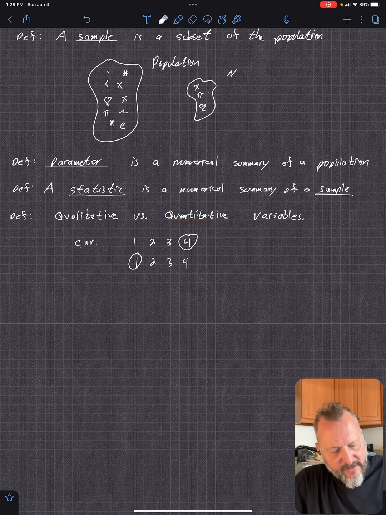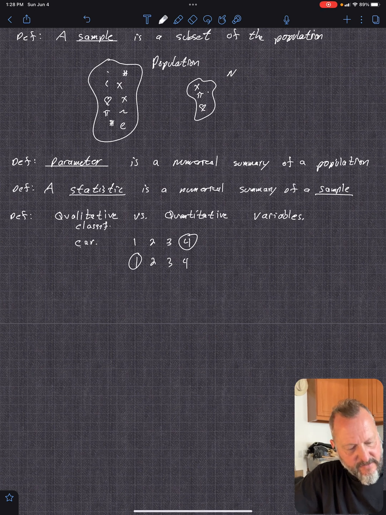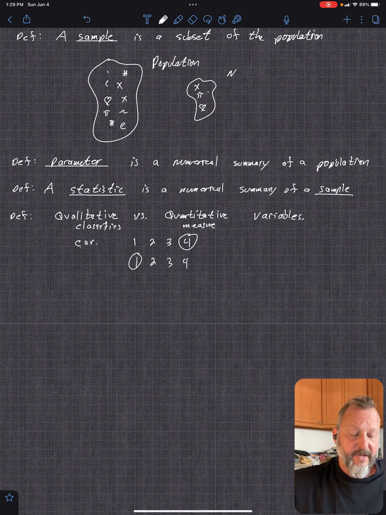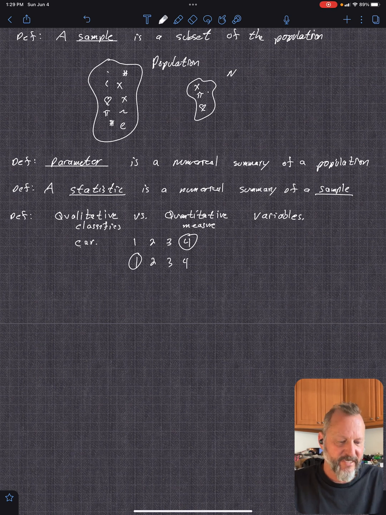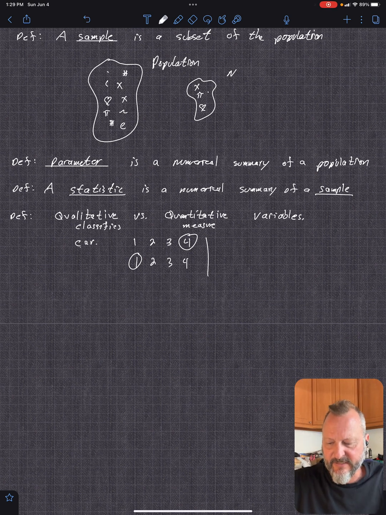So this is classify, this is measure. But I'll repeat myself: when we classify things in this class, we end up making it a measure, like a scale or some sort of aspect. So we really can just move on past that.